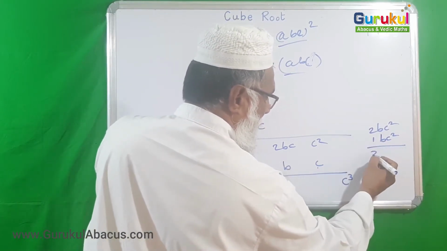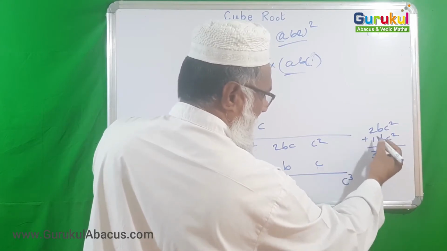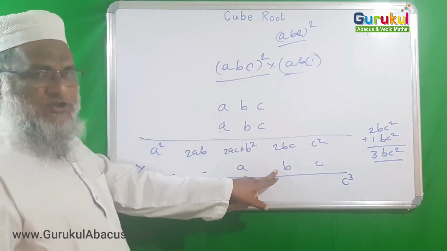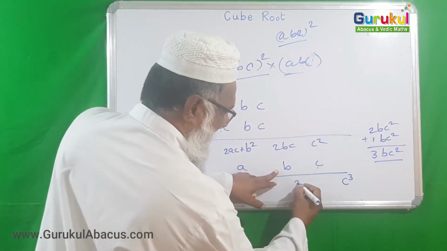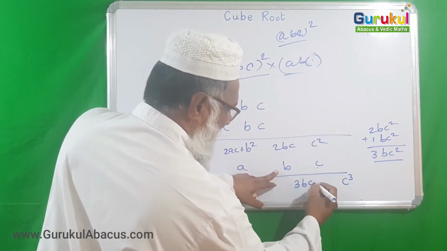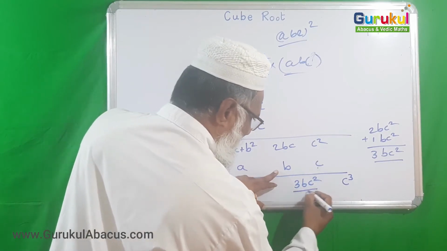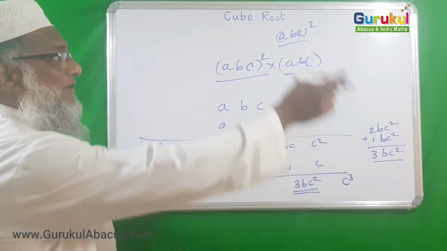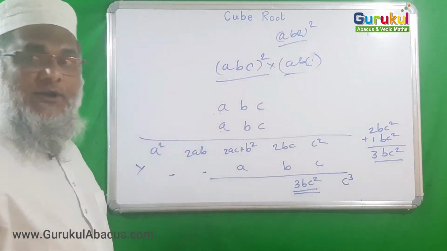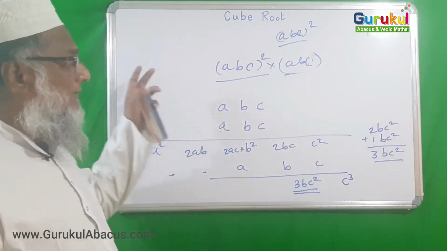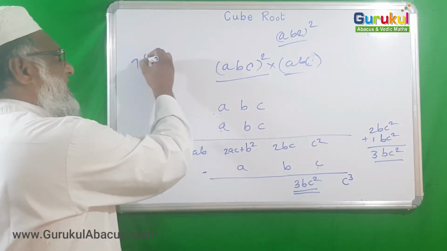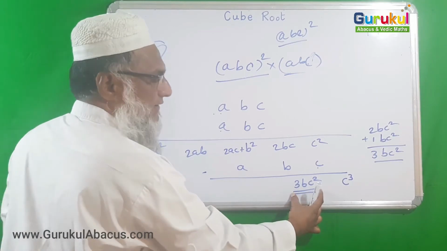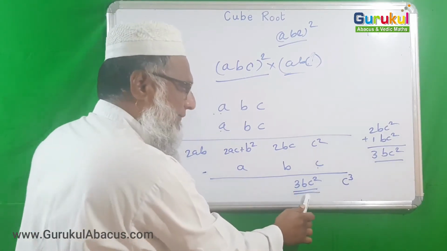Together they become 3BC square. It is our second value. Our intention was to find only this value, because to find the middle digit of the cube root of any 7, 8 or 9 digit number, we need this term. So we found this much.